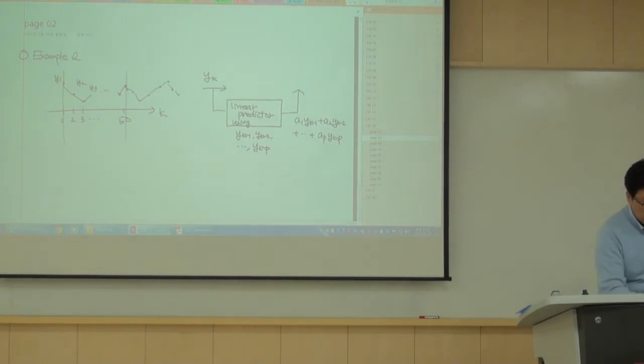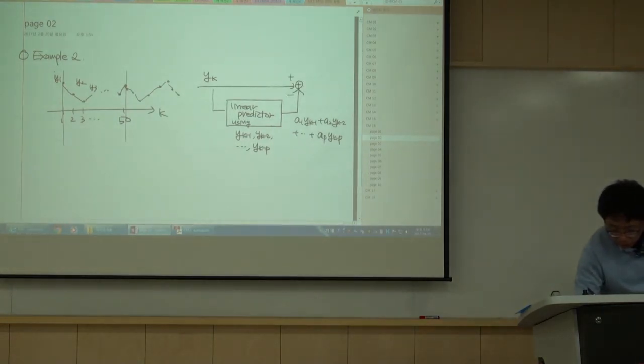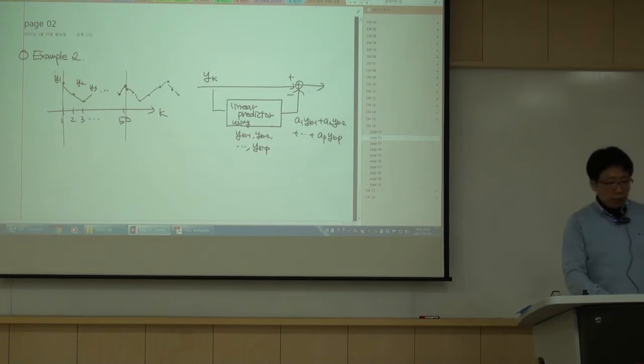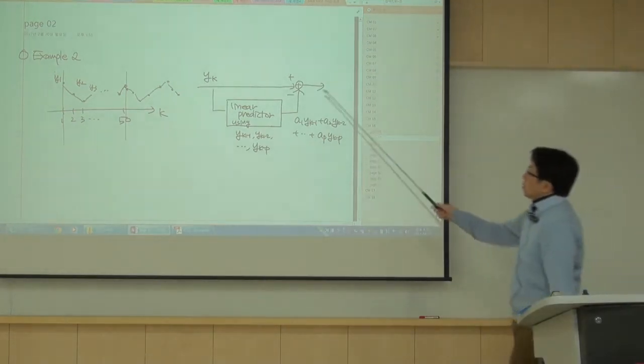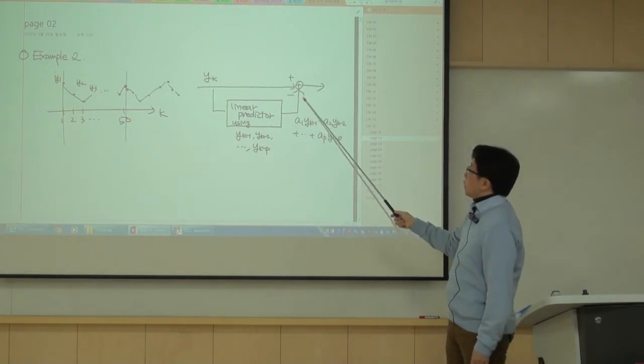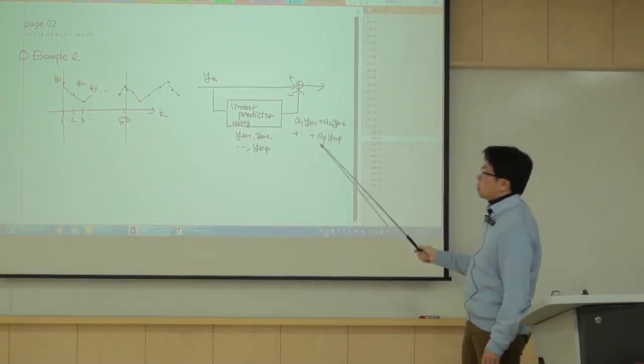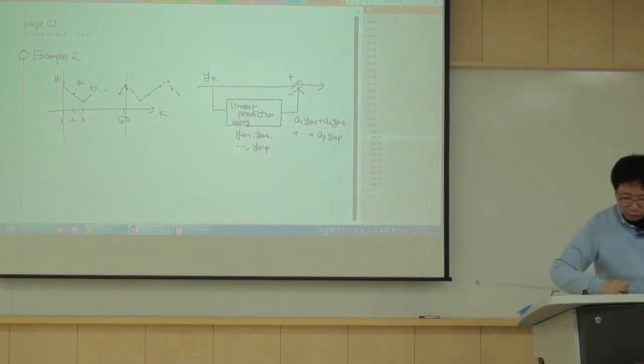Now, your objective is that, this is what? y_k, right? And this is what? This is the prediction of y_k based on the past p values of y.